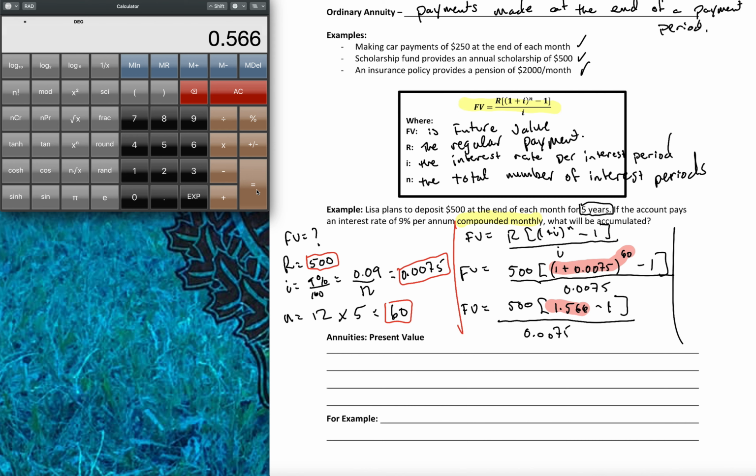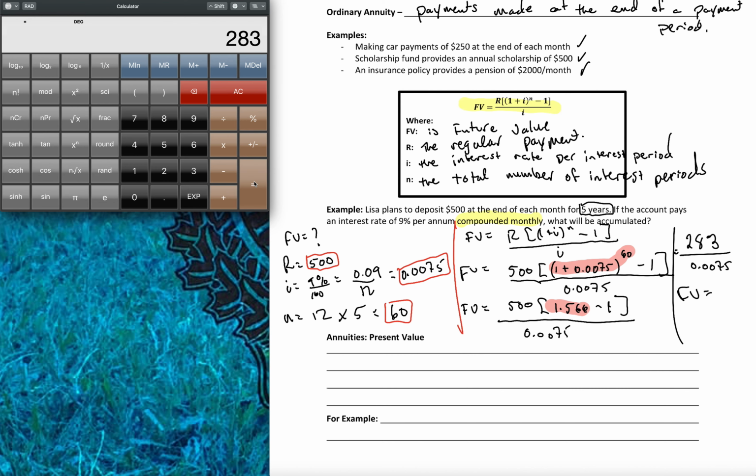Then what you're going to have to do then is multiply that by the 500, okay, is 283, okay, divided by the percent, or sorry, the interest rate that's sitting there, right? Okay, so you get 283 divided by 0.0075. This is what's going to equal the math that you do on this, the future value.